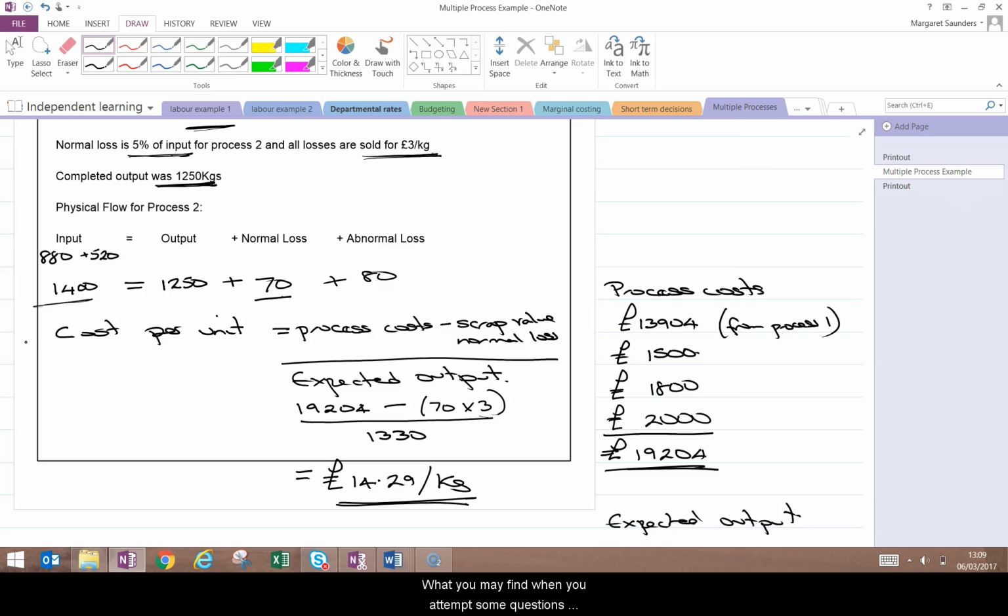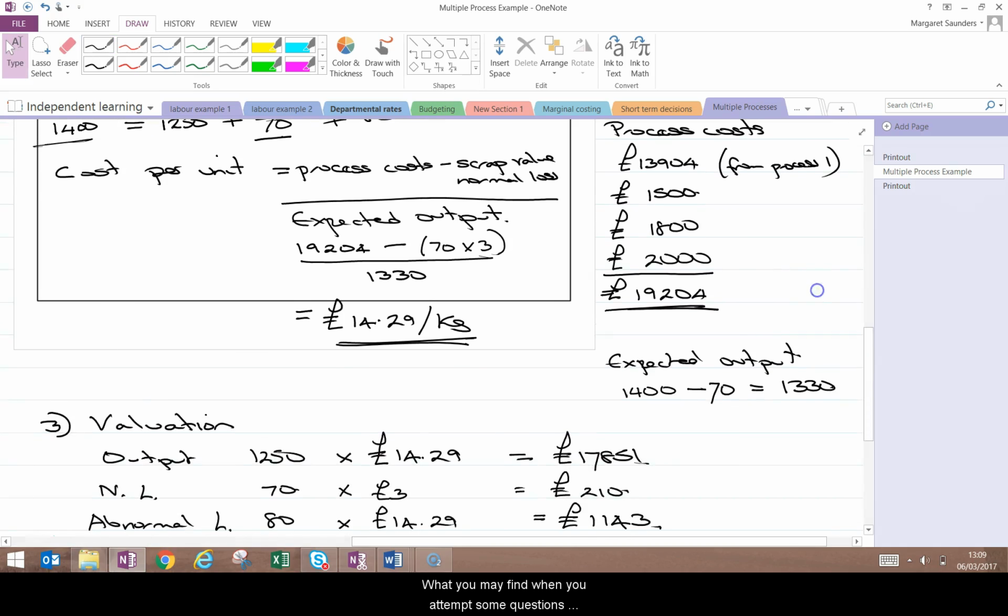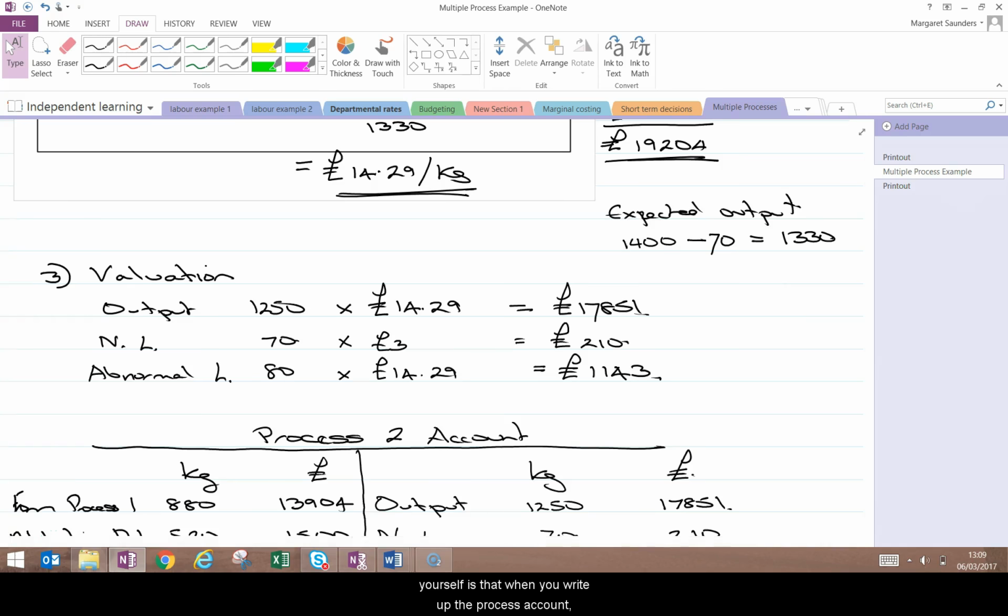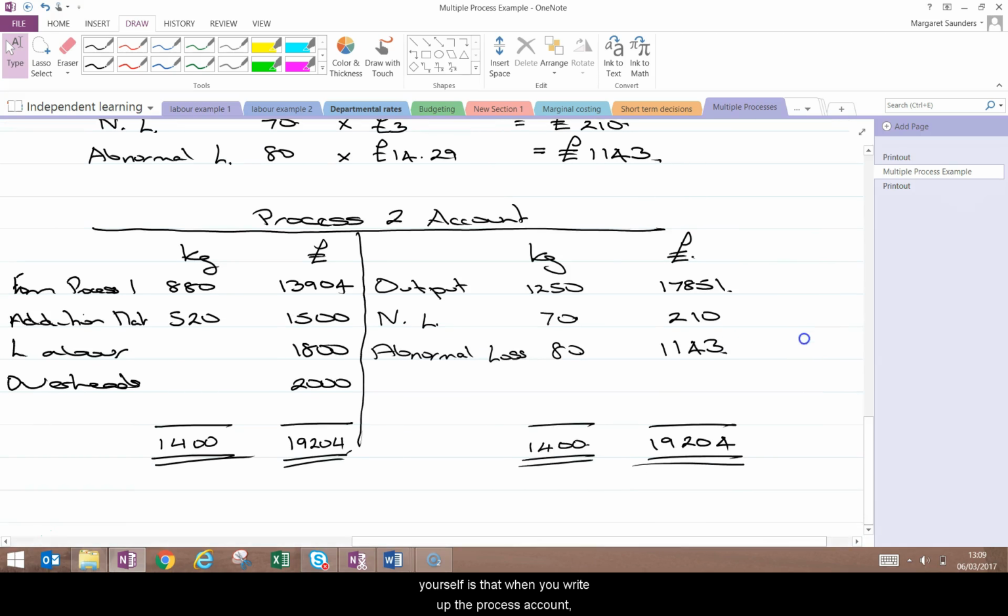What you may find when you attempt some questions yourself is that when you write up the process account, your balances in terms of values may not agree exactly. There may just be a few pound difference between them. This is due to rounding.